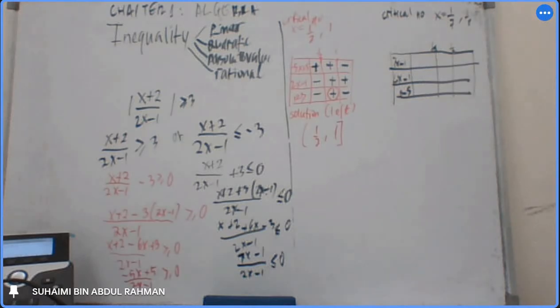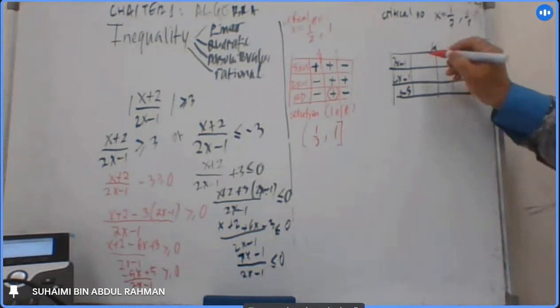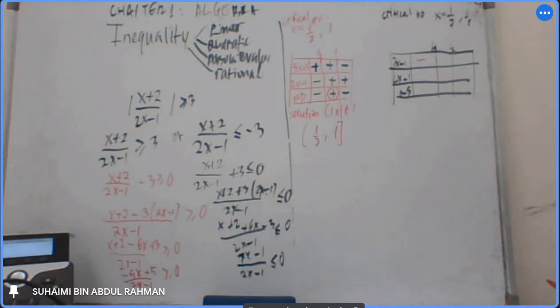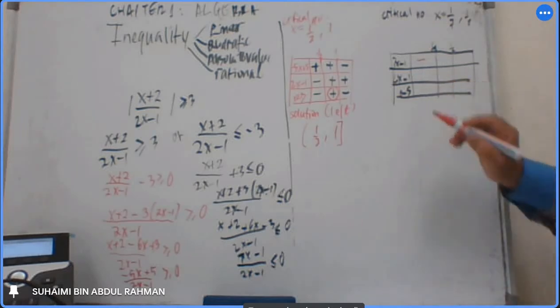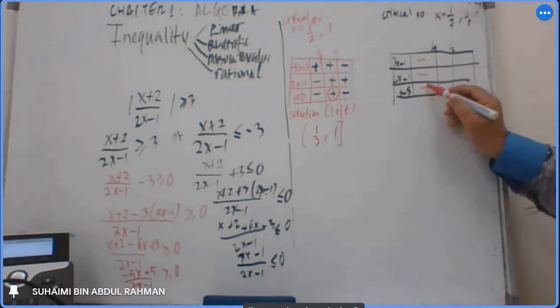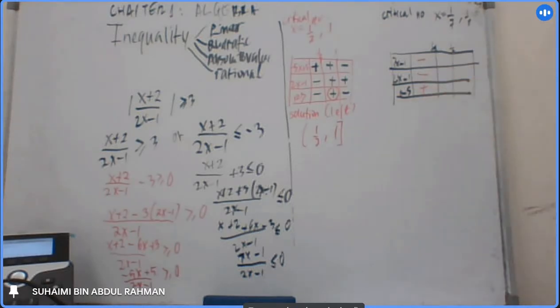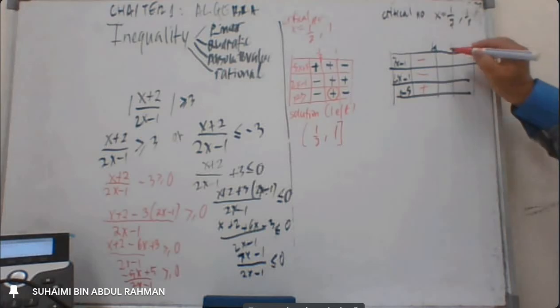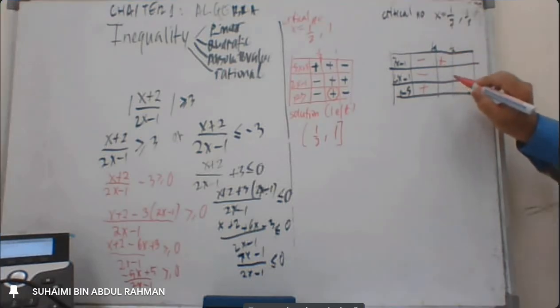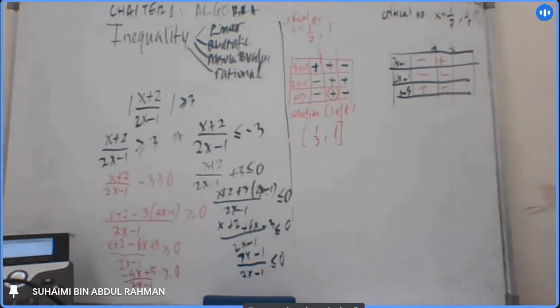The first one, I take one value: negative divided by negative, positive. Between 1/7 and 1/2, take one value, substitute: negative.